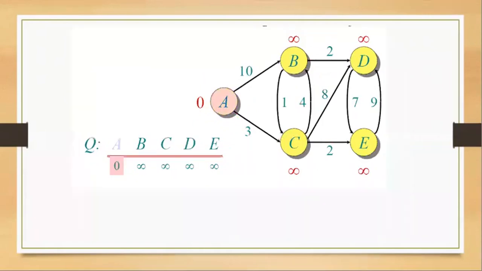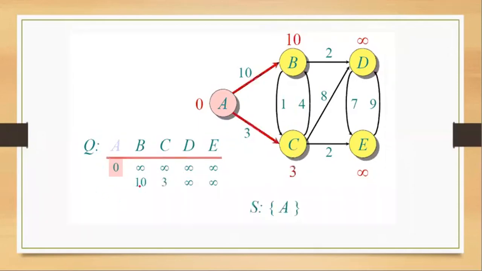After that, from A, the vertices that I can access are either B or C. From A to B the distance is 10, so I'll write 10 here, and from A to C the distance is 3. In the second step I will write 10 and 3, and the other distances will be infinity, because there are no direct edges from A to D and A to E.